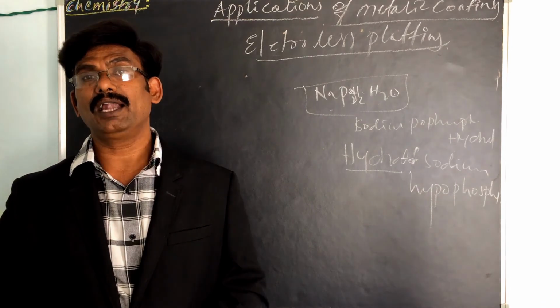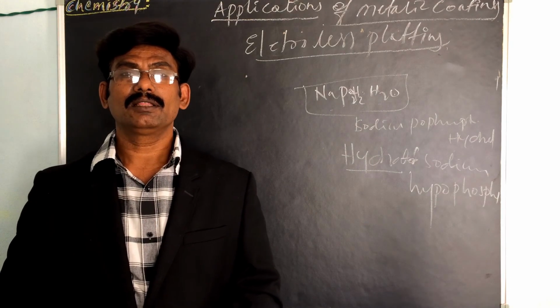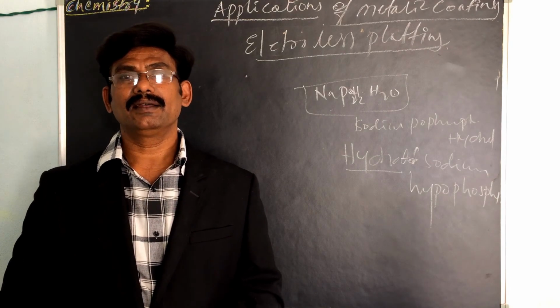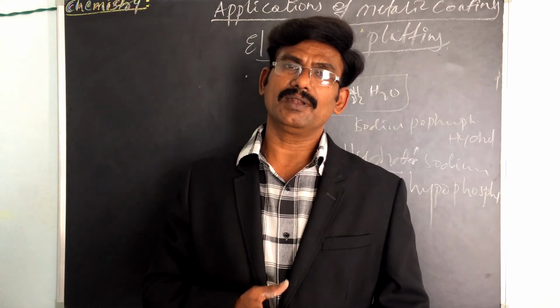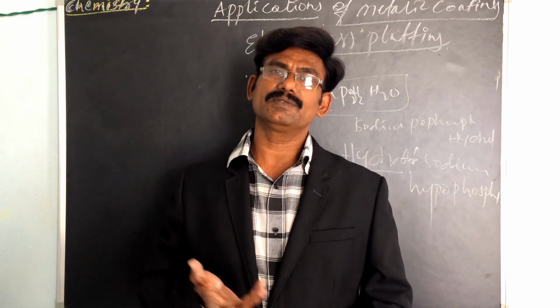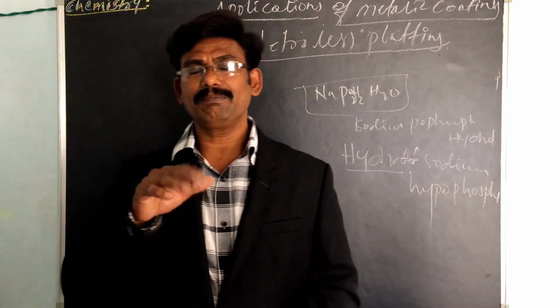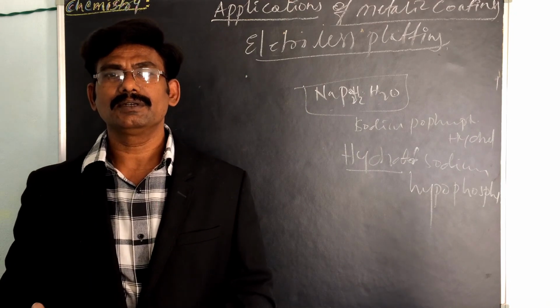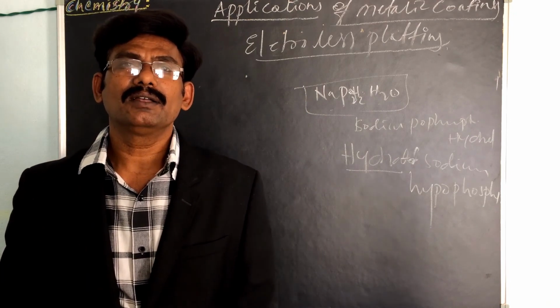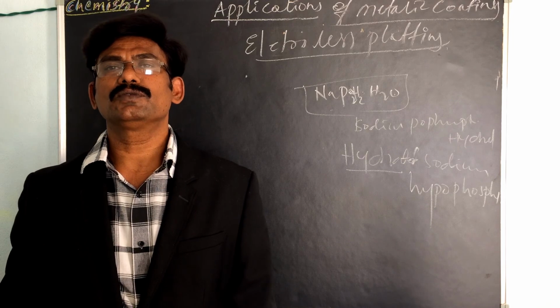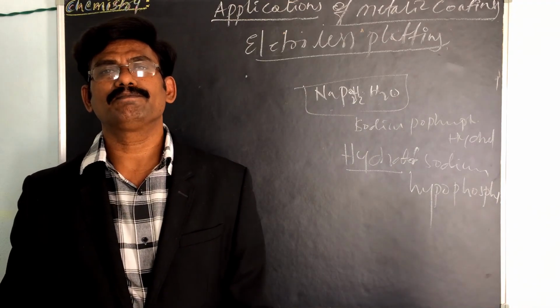So these are the advantages: the process can plate evenly, does not use electrical power, and even coating on the surface can be achieved. These are the more useful ones.